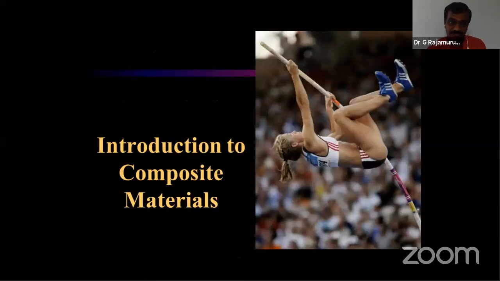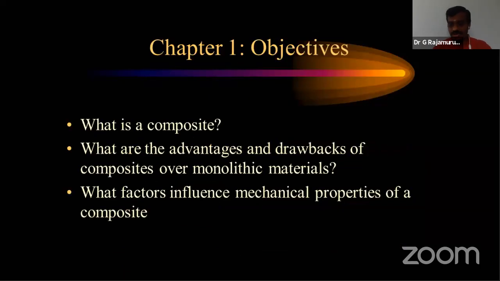Now, I just told you what composites are; the advantages and drawbacks we will see later. And what are the factors which influence the enhancement or decrease of the mechanical property of the composite, we'll see later.